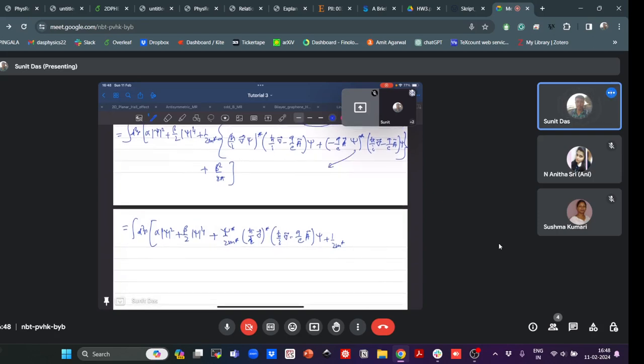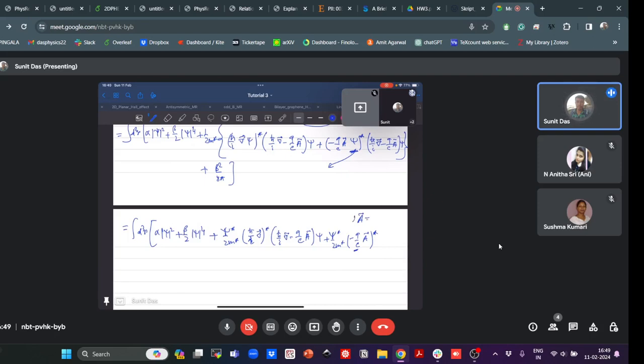So we are extracting psi from that, then minus q by c A star. But minus q by c A star is essentially minus q by c A because q and c are constants and A is also real, right?